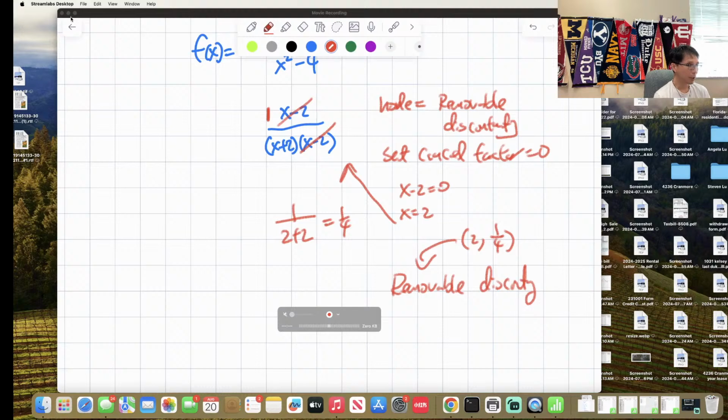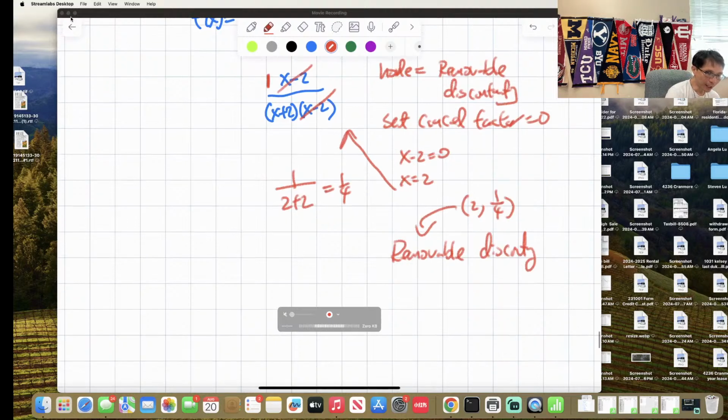No? Now, what's non-removable discontinuity? Jump. Or it can be a jump. What else? Unbounded graph. Okay, that's good. Asymptote, vertical asymptote.